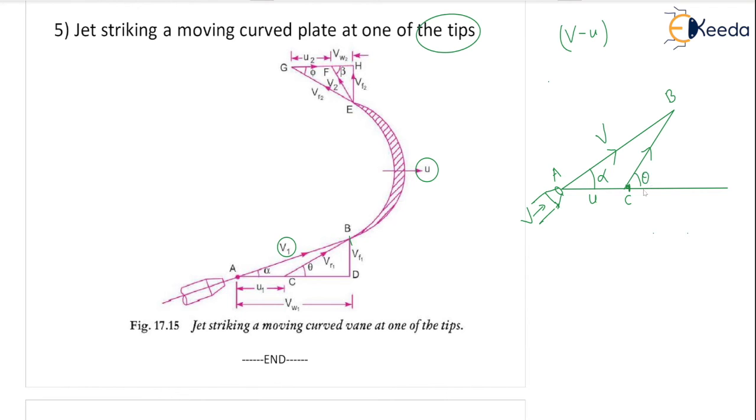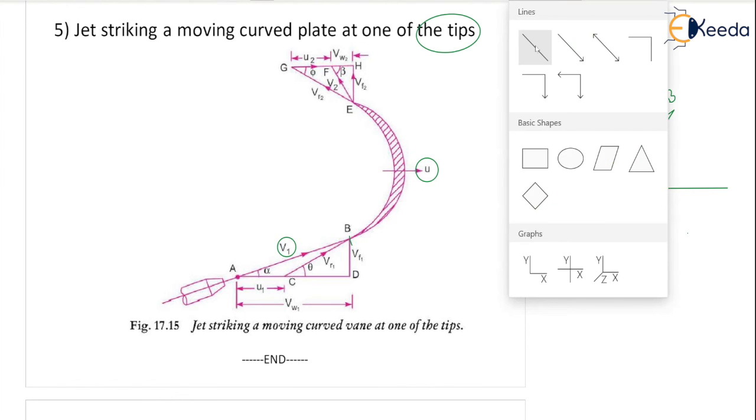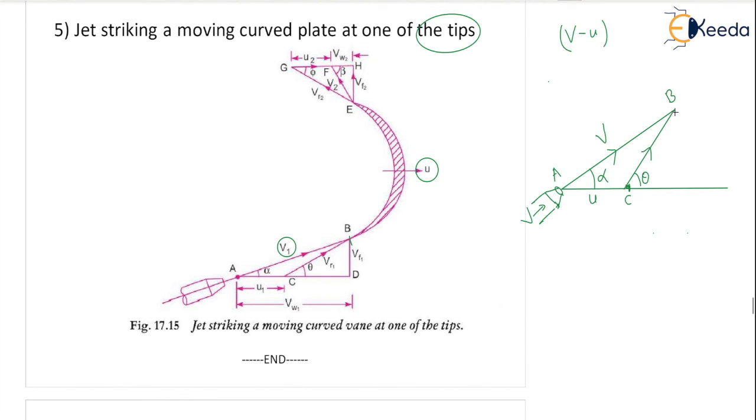This angle is your theta. Now from B I will draw a perpendicular, a vertical line, which will intersect the line AC produced at D. This is point D, correct? So now the triangle is completed, and also see the direction.